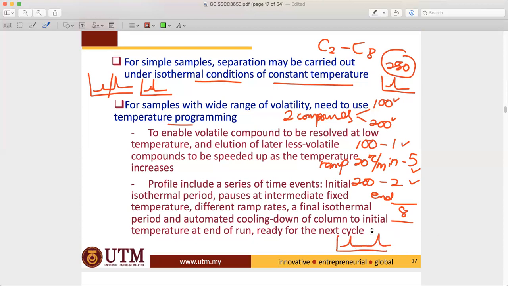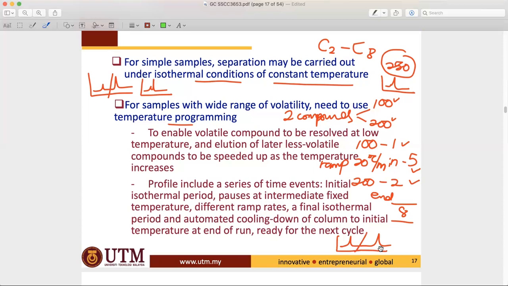So these well-resolved peaks are what we want. This is how you employ temperature programming to enhance your separation and get well-resolved peaks.